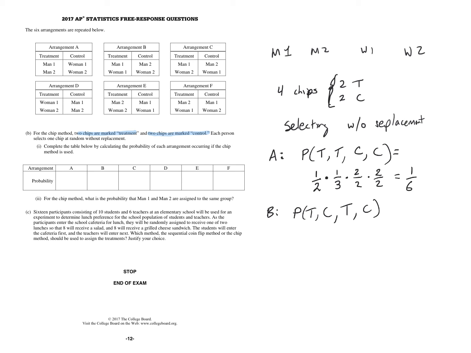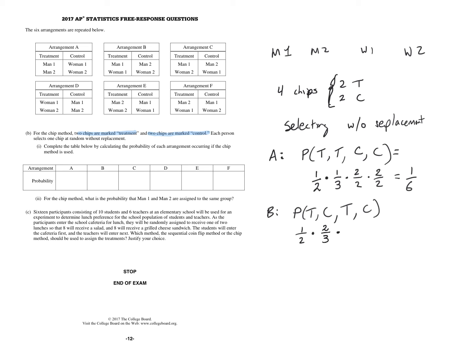Probability that man 1 gets a treatment chip is 1 out of 2. Now, the probability that man 2 gets a control in this situation where the first one has taken a treatment chip is actually 2 out of 3, because there are 2 control chips remaining out of a total of 3 chips combined.